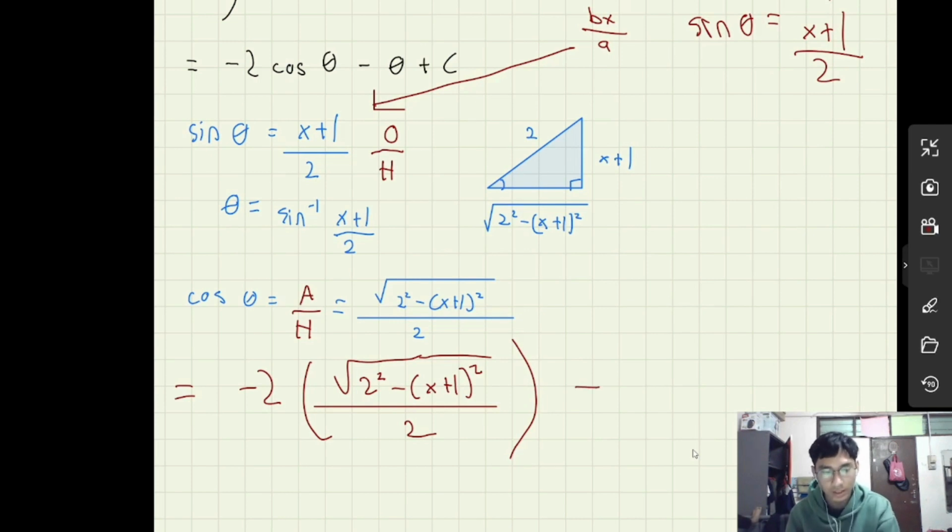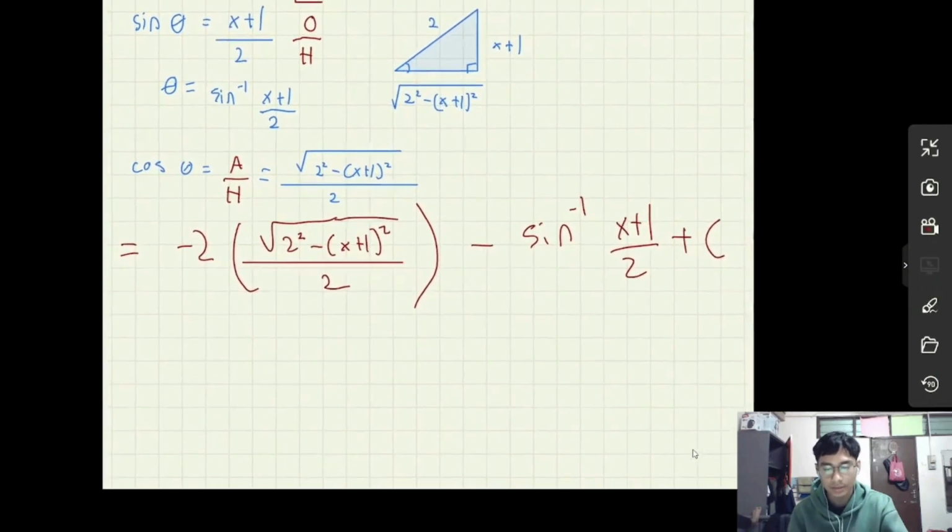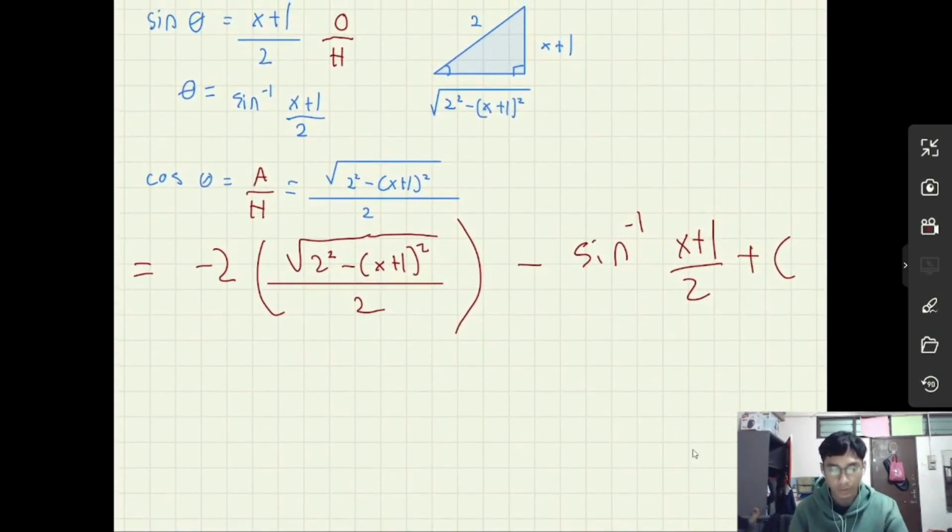Minus theta. We know that theta is sin inverse of x plus 1 over 2, plus c. And then just simplify the equation. We can just cancel out this and we get negative. This 2 squared is equal to 4.